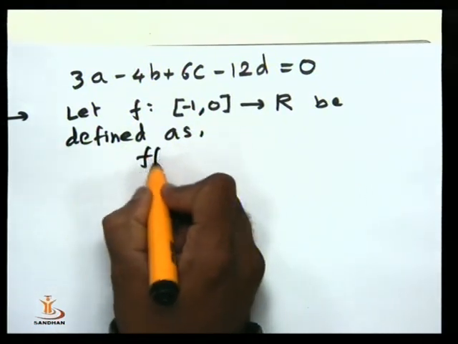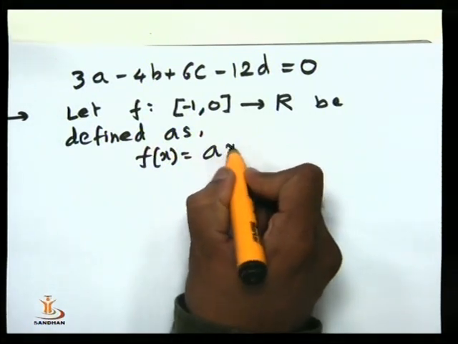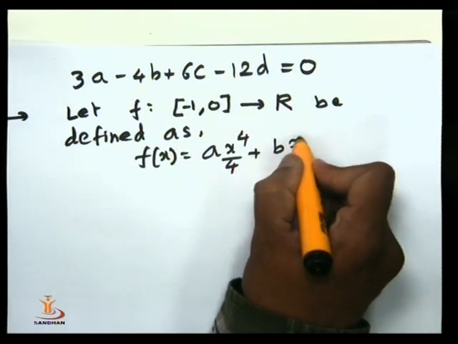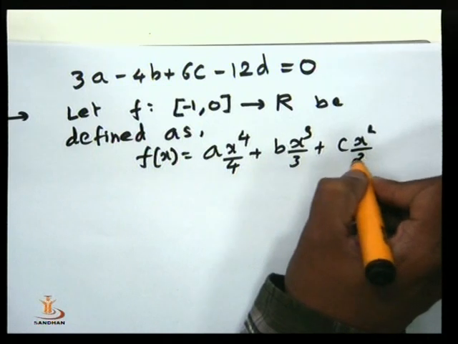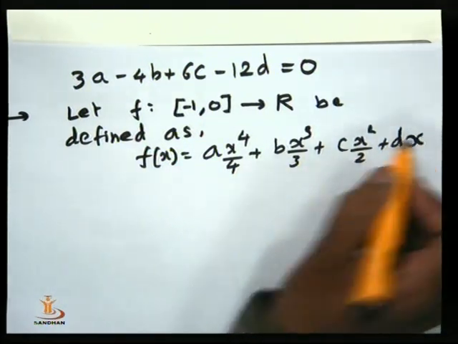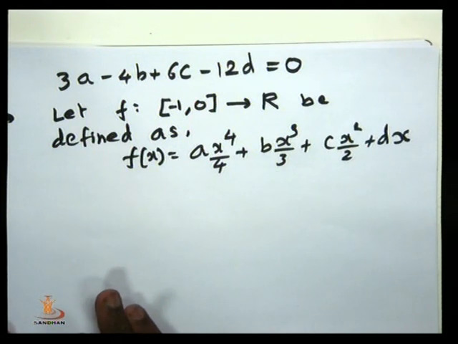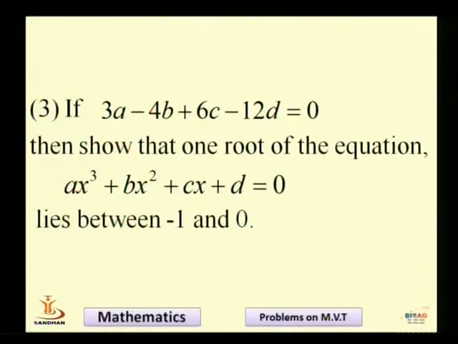f of x is equal to a into x raised to 4 upon 4 plus b into x cube upon 3 plus c into x square upon 2 plus dx. I am taking this function. Friends, you observe that this function is actually the integration of the equation which you can see on the screen, ax cube plus bx square plus cx plus d.